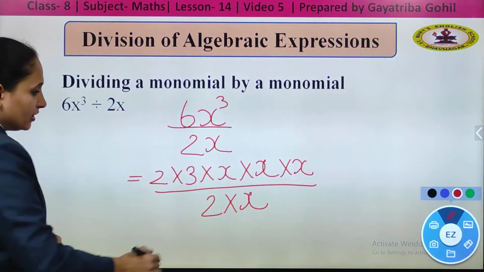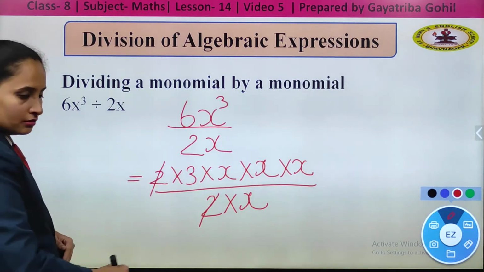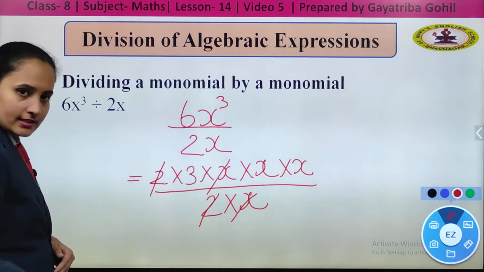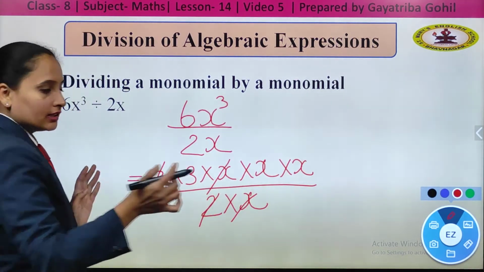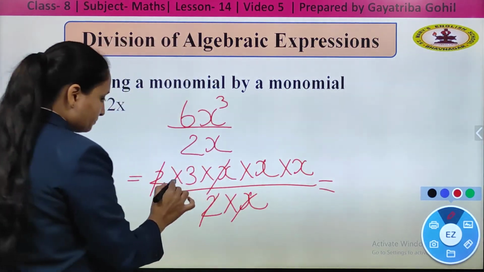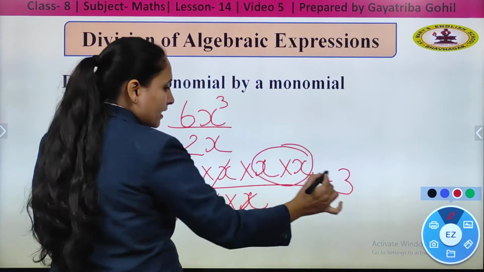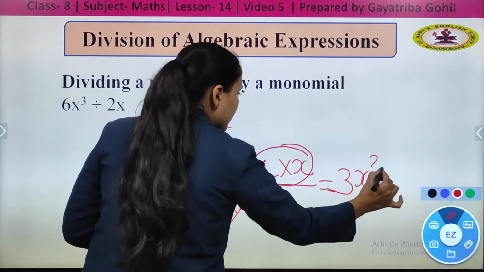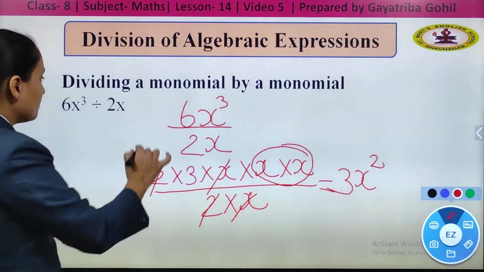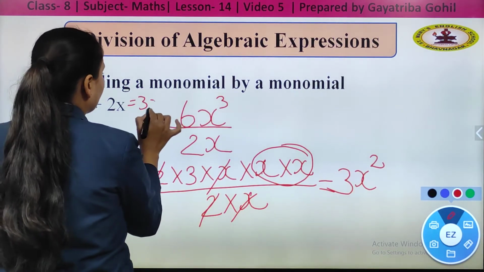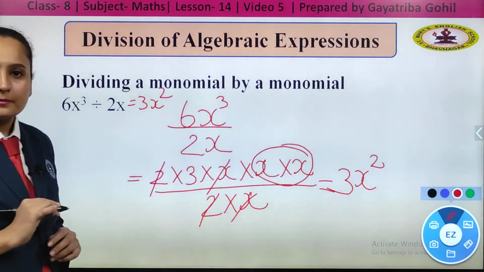Now if you see carefully, I can cancel 2 and 2, 1x and 1x. Now in the denominator I have nothing. What is left in the numerator? 3 into x into x. 3 as it is. What is x into x? Yes, x square. So here my answer will be 3x square. Understood?